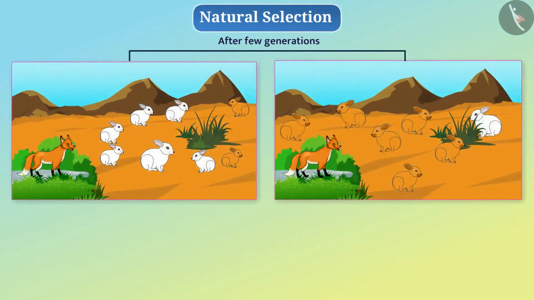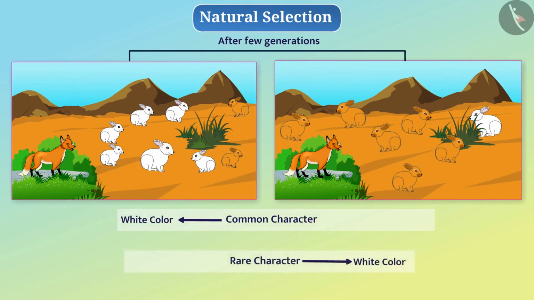After a few generations, the number of white rabbits will be much less than the brown rabbits. In this way, white color that was initially a common characteristic in the rabbit population became the rare characteristic, while brown color that was rare in the beginning now became the most common characteristic.